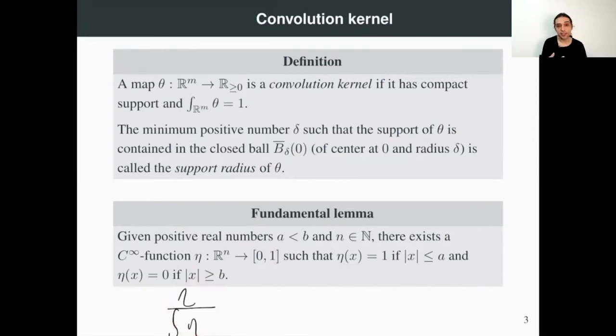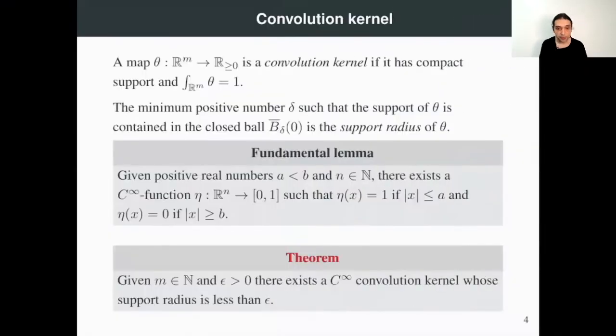The values of such function are still non-negative, and the integral now is equal to 1. So this is an example of a convolution kernel. And the support of theta is contained in the closed ball of center 0 and radius b. So the support radius of theta is less or equal than b. So we can, in this way, obtain convolution kernels whose support radius is arbitrarily small, right? Very good.